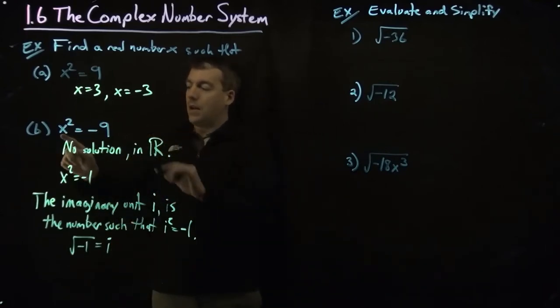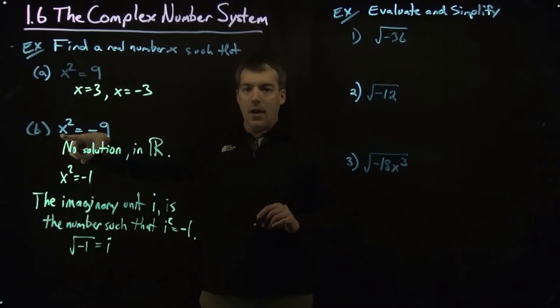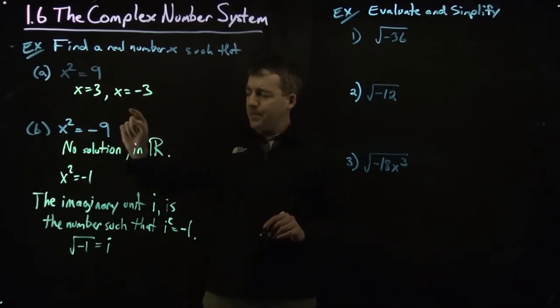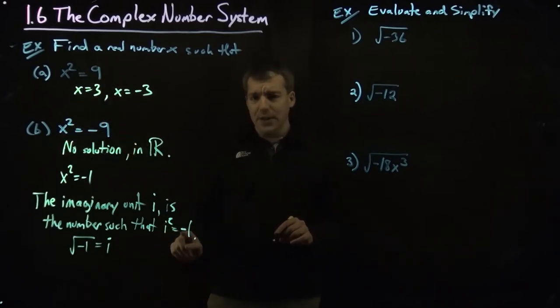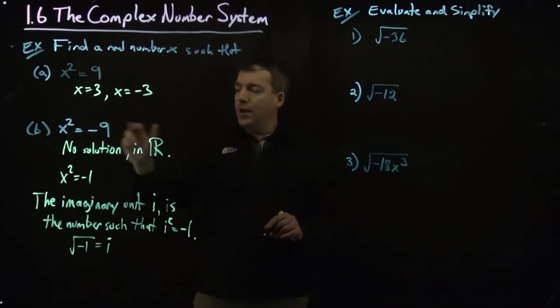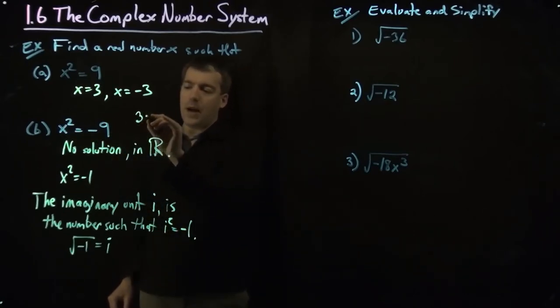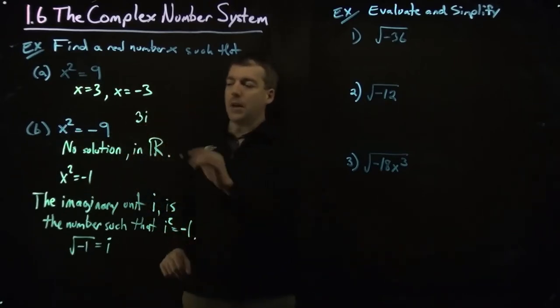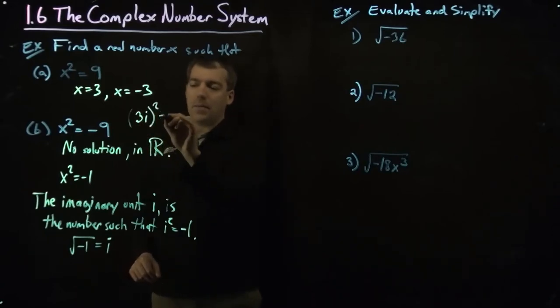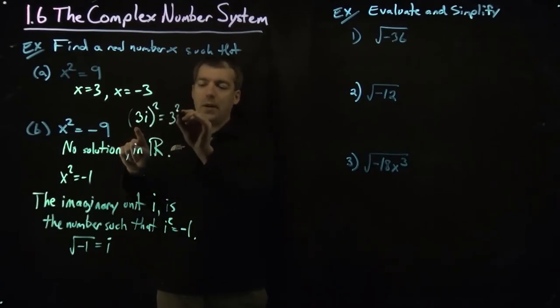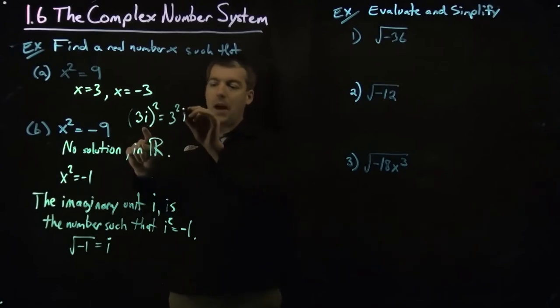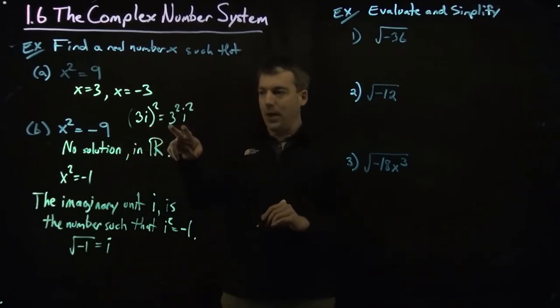Since we know that 3 times 3 is 9, and we know that i squared is negative 1, one of these solutions would be 3i, because 3i times 3i would be 3 squared, which is 9, and then i squared, which is negative 1.